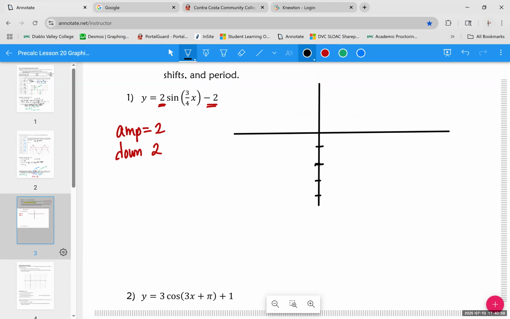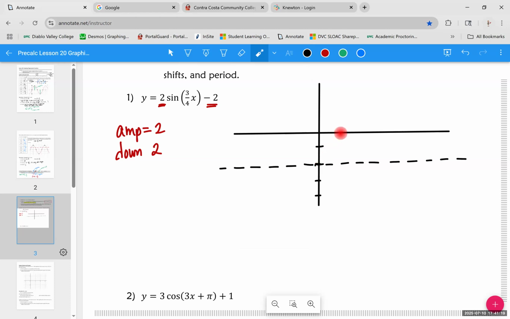Since the whole graph shifts down 2, this is basically going to be my new x-axis. I'm going to treat this as what was the x-axis in my original graph of sine. So when I say it starts at 0, 0, I'm going to treat this as 0, 0.